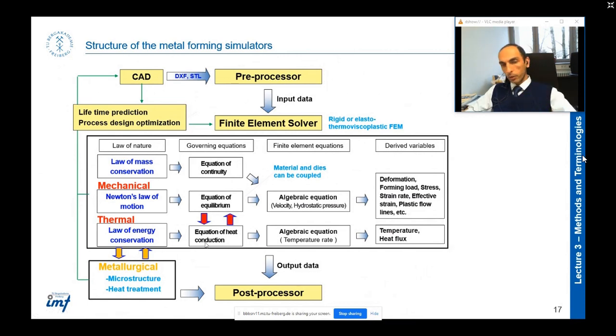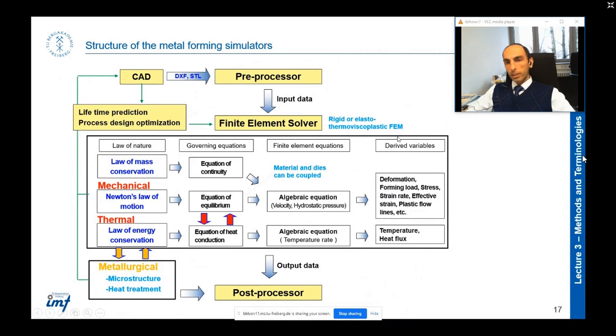Three types of equations we have, and these two are interconnected in this way. On the next step, when you have the equations, you treat them in a way that the computer can solve. Then finite element equations are generated. We will explain it more later.